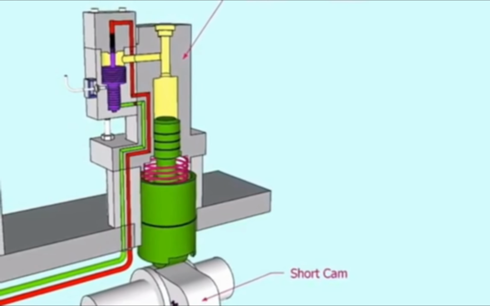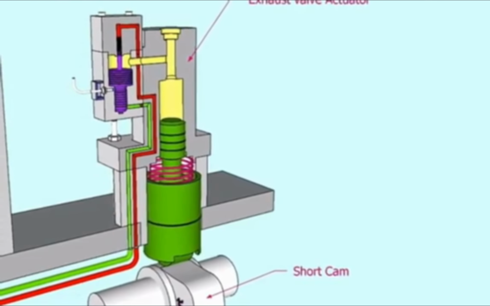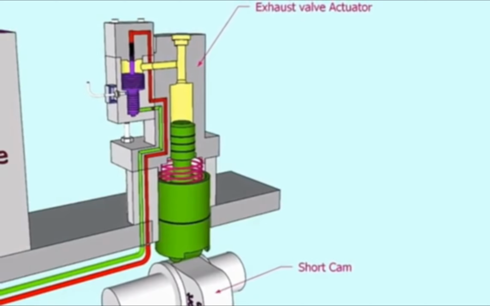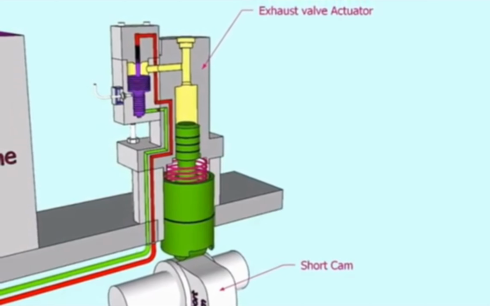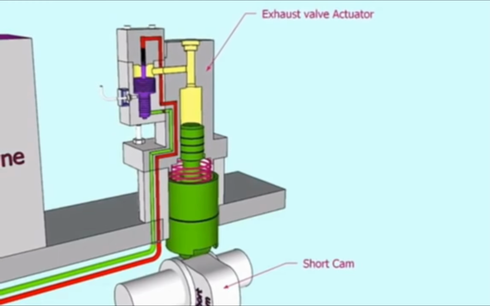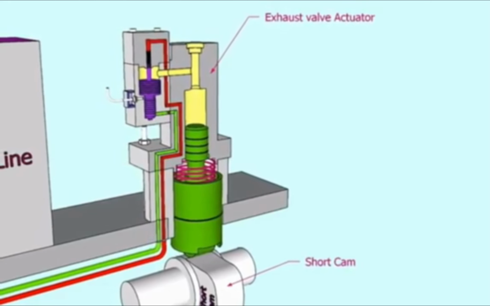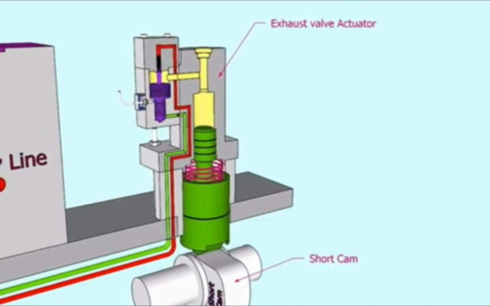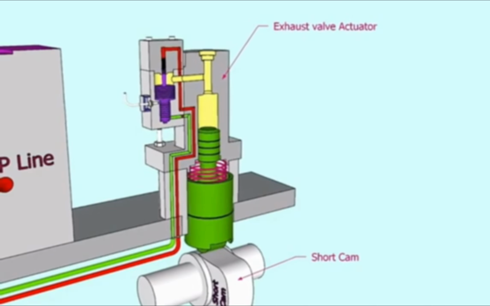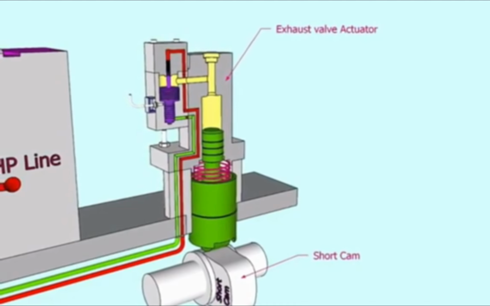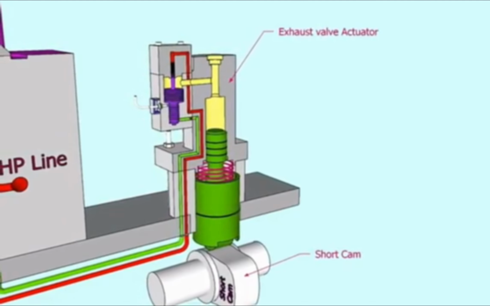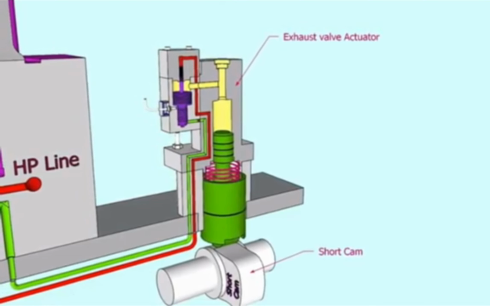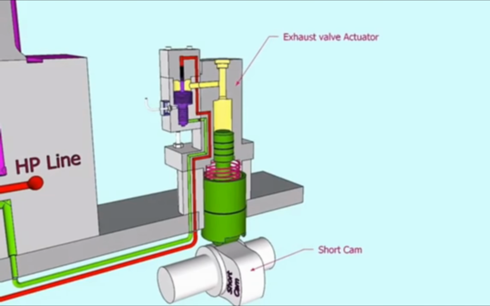You can see that is why this is called the short cam. For the opening, meaning the plunger's upward direction, there is no cut and the normal profile is there, and only the downward stroke, the other side of the cam profile, has one small cut to achieve early closing of the valve to get more compression pressure at low load. After reaching about 70% of the load, the MEB piston will give excess oil to compensate for this cut of the camshaft.